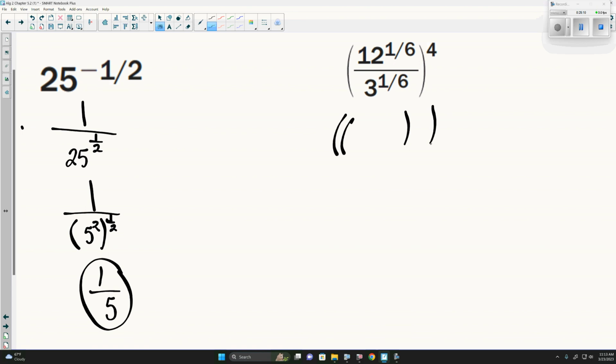Now let's look at the next one. 12 to the 1/6 over 3 to the 1/6, all to the fourth. Because 12 over 3 does reduce nicely, and they're both to the 1/6 exponent, we can pull the 1/6 exponent away, leaving us with 12 over 3.